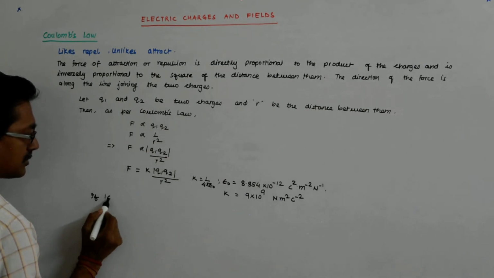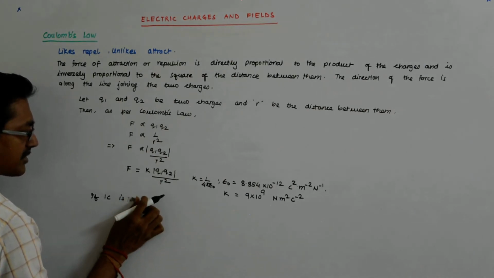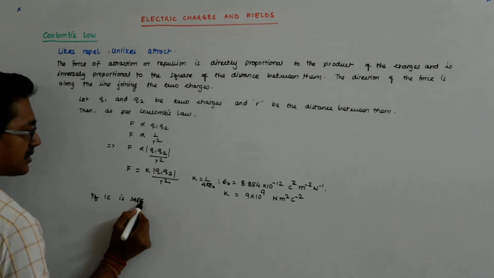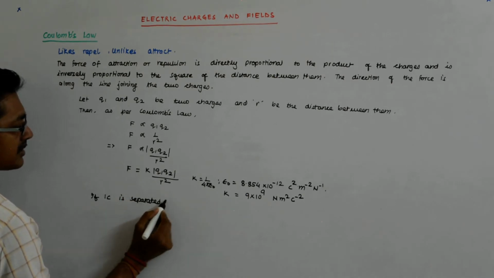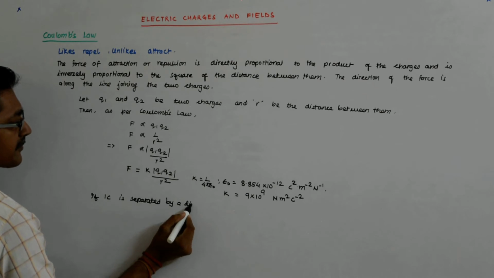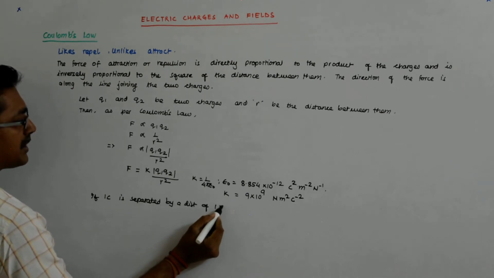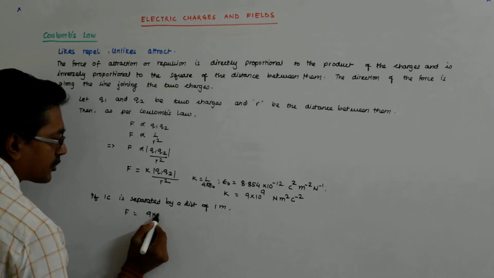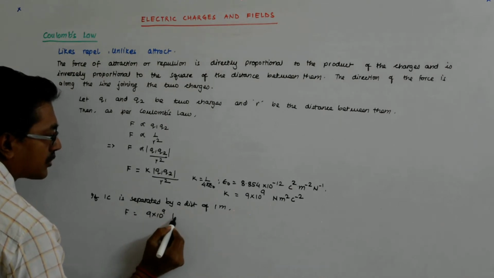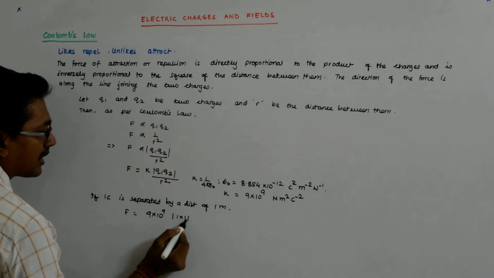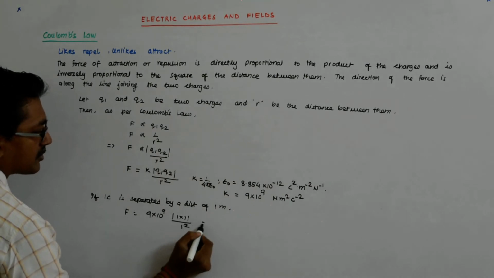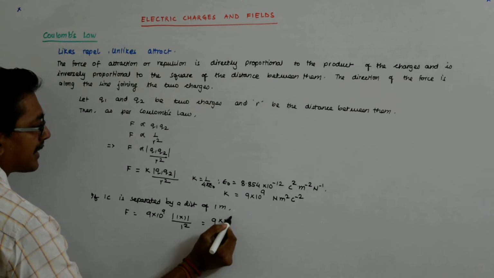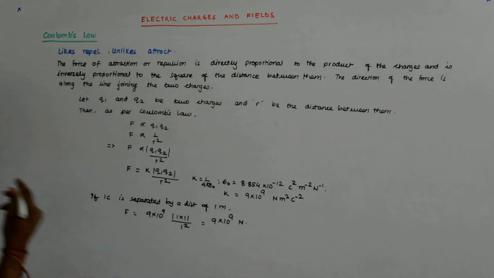If 1 coulomb is separated by a distance of 1 meter, what happens? F is equal to 9 into 10 to the power 9 into 1 upon 1 square. So that is 9 into 10 to the power 9 newtons.